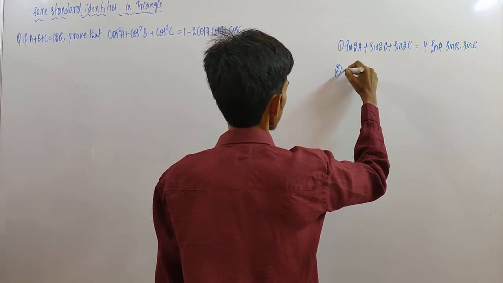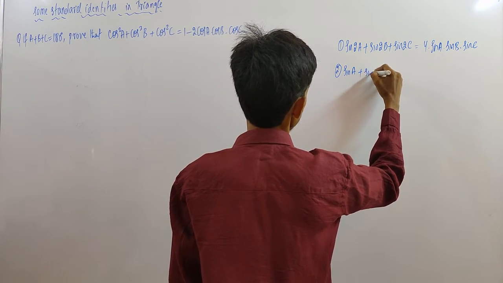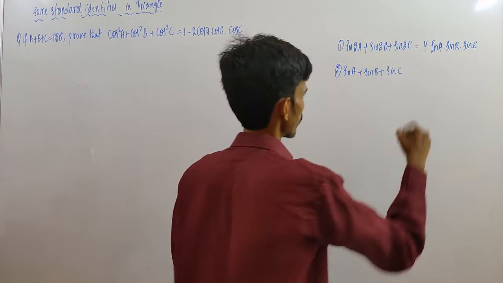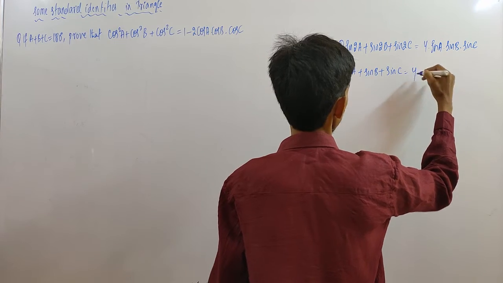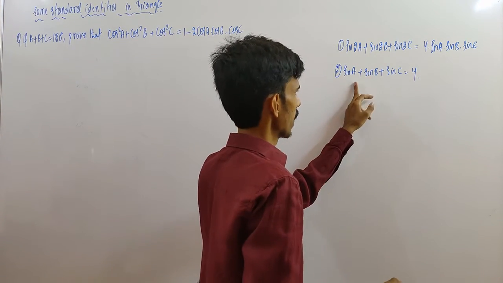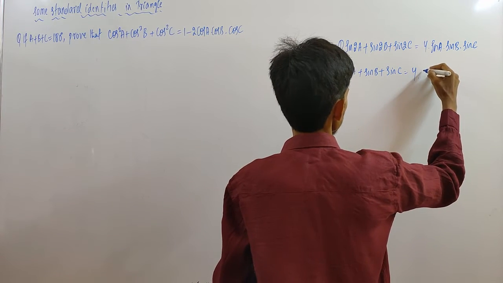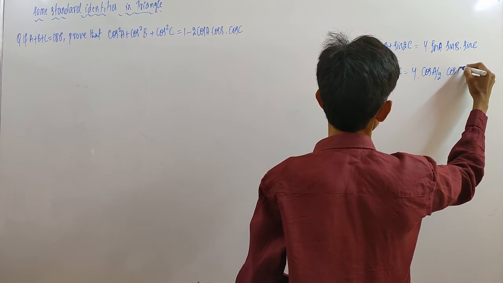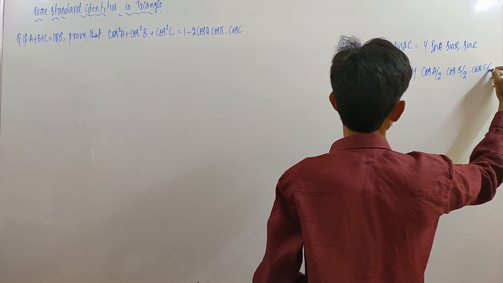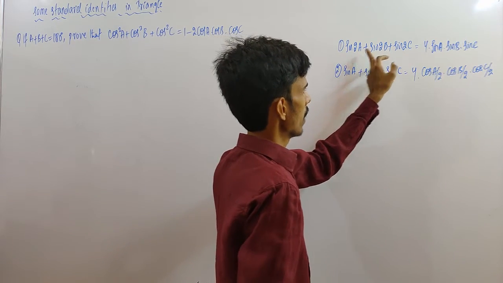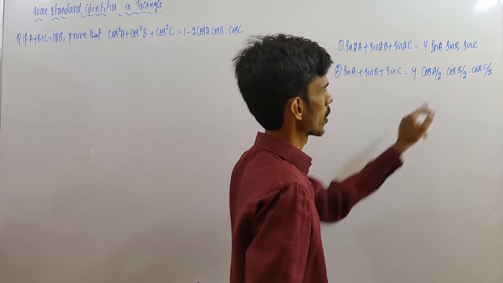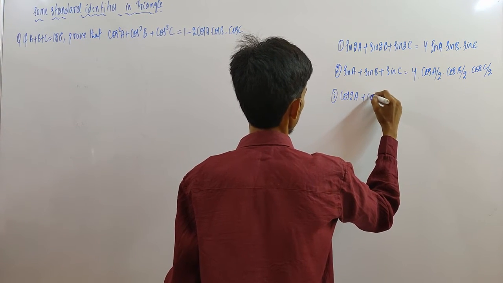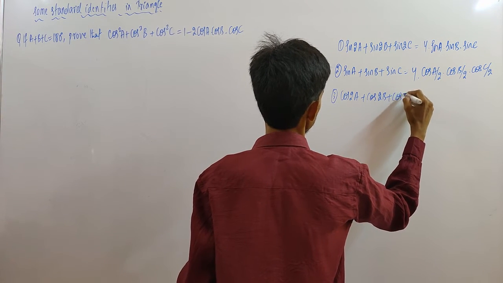Similarly the second identity: sin A + sin B + sin C. Here we have 1A 1B 1C, that will become 4 as it is. Whenever we have 1A 1B 1C, we have a sine to cos transformation, so we have cos(A/2) cos(B/2) cos(C/2). For 2A we have sine to sine, for 1A we have sine to cos transformation. Similarly the third identity is cos 2A + cos 2B + cos 2C.